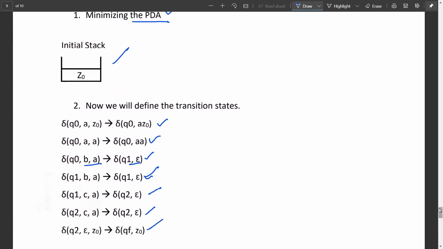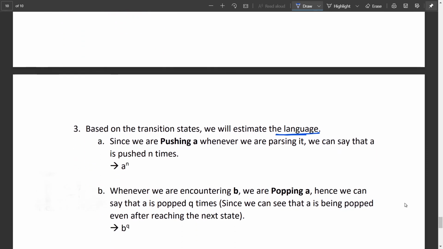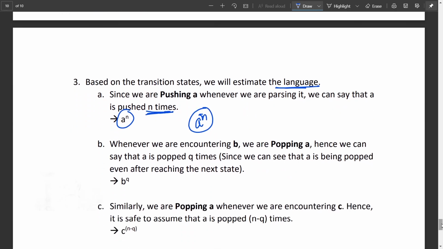As you know, we are continuously pushing the A's for the first two transitions. So you can safely say that A is pushed n times. You can consider that there will be n A's, A raised to n, in the particular language.